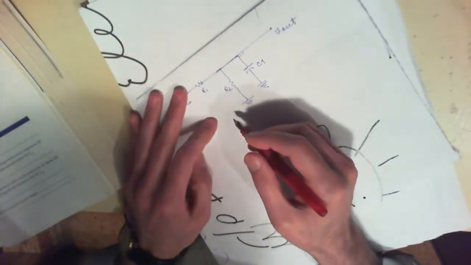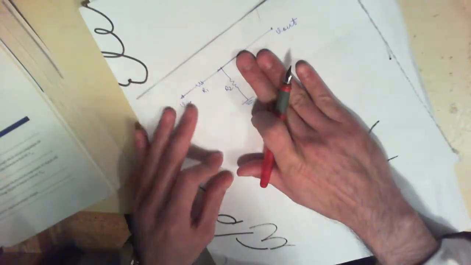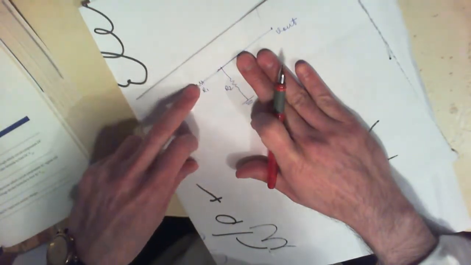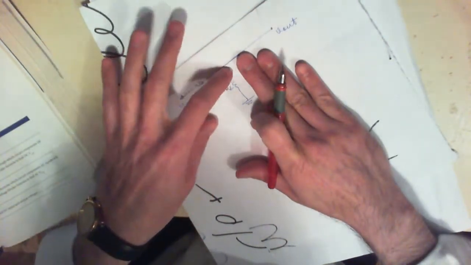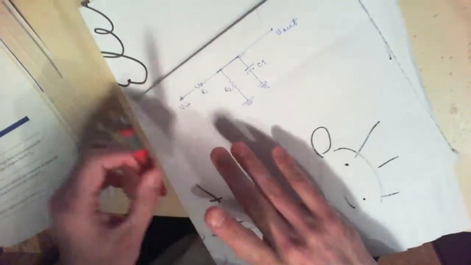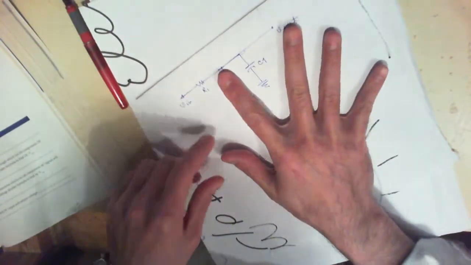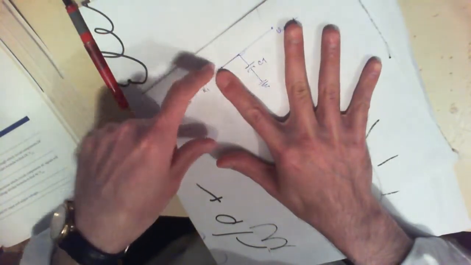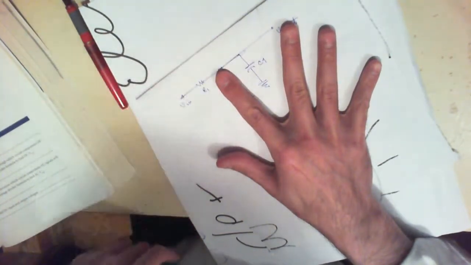If you have a DC signal coming in, then you can imagine that this capacitor is not in the circuit, and then you have two simple resistors over here, and that becomes just a simple voltage divider circuit for DC. And if AC is coming in, then you can imagine that this resistor over here is not there, and then you're dealing with a simple low pass filter, the way we thought about the low pass filters before.